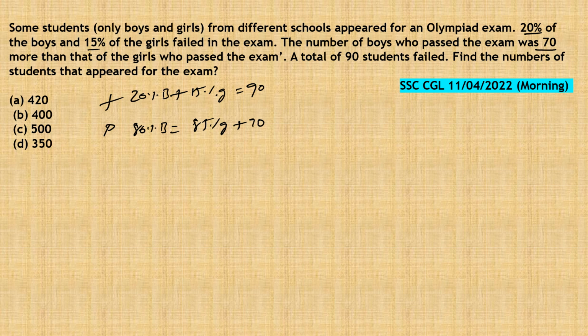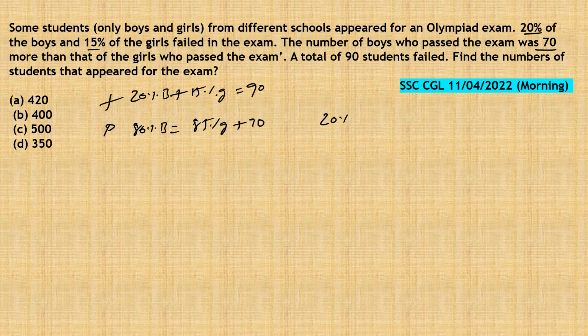If we solve it, we will get the total number of students. We will write here 20% of B. We can cancel out the boys by multiplying by 4. That is, 20% of boys multiplied by 4 gives 80% of boys.